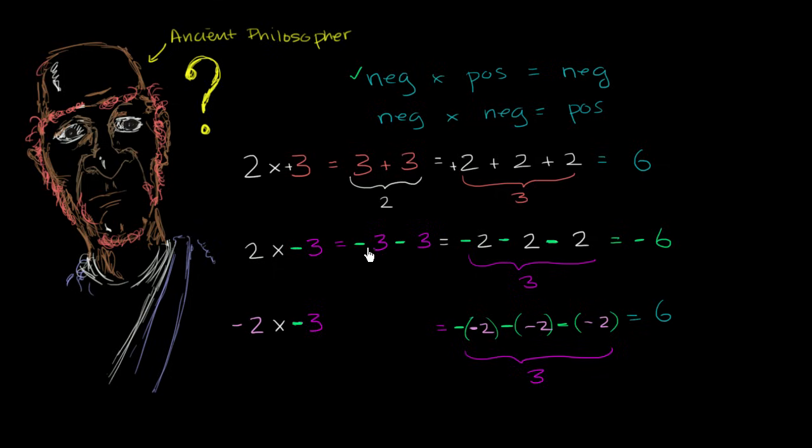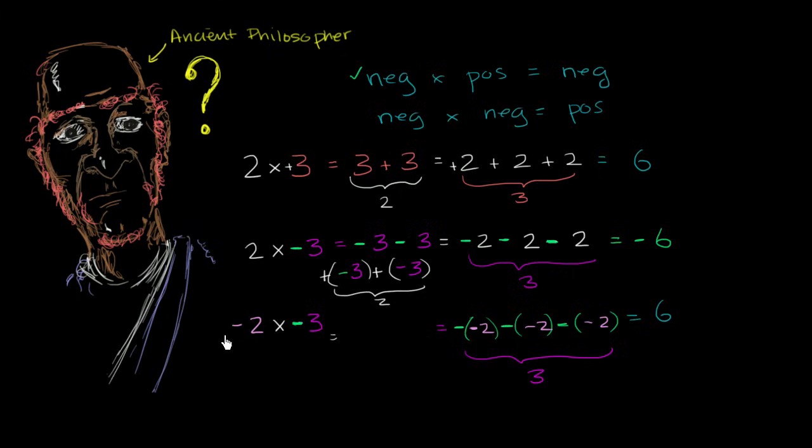You can use the same logic over here. Now, instead of adding negative 3 twice, and really I could have written this as negative 3 plus negative 3, over here we added negative 3 2 times.